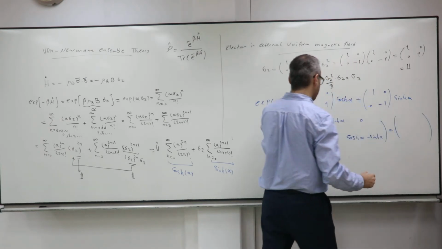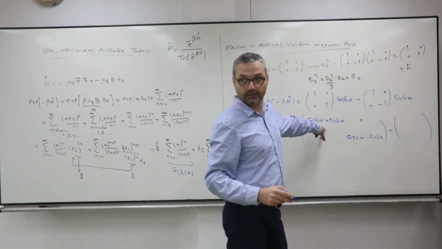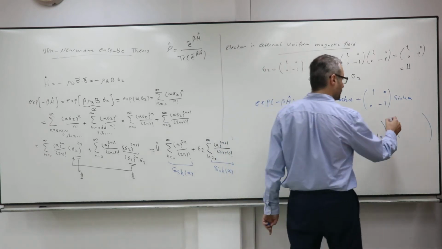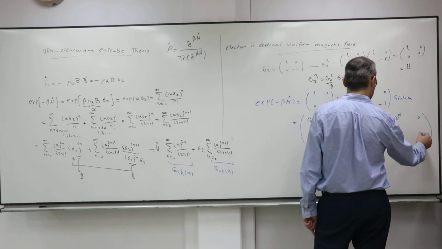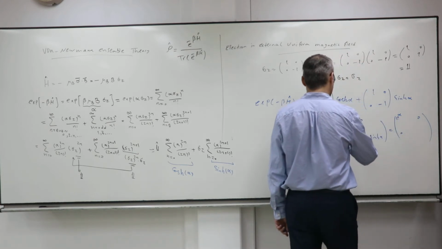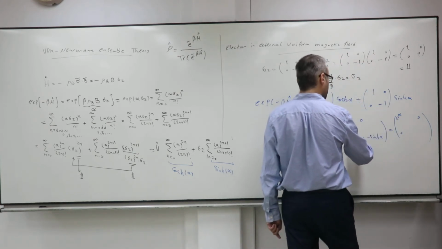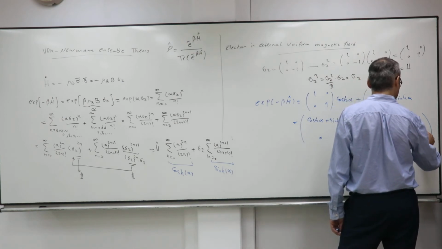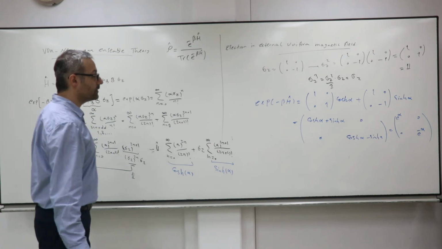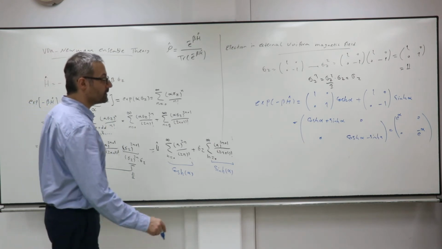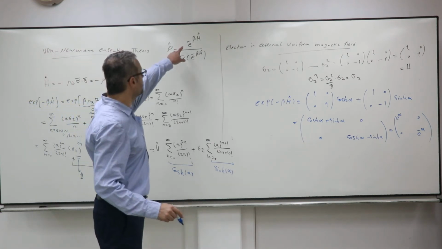And what is the cosine plus sine? It is the exponential. So the matrix is exponential of alpha, 0, 0, exponential of minus alpha. That's all. So you find the exponential of the matrix, and this is what you needed here.